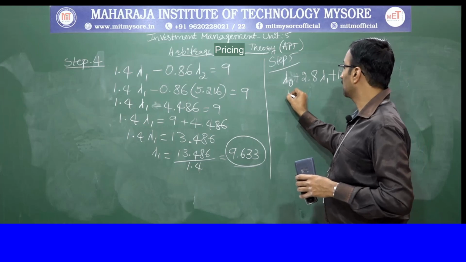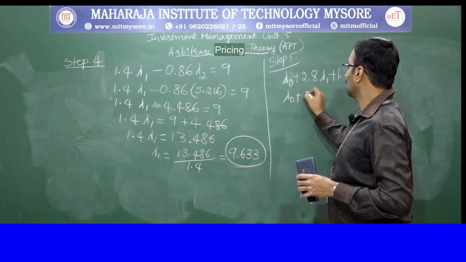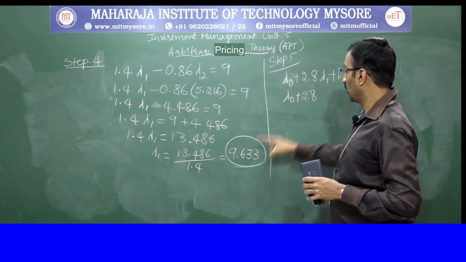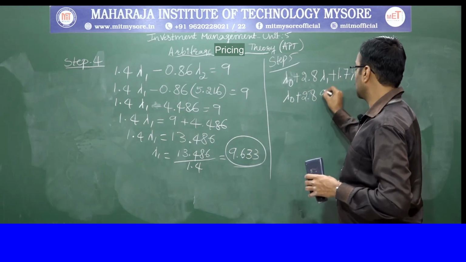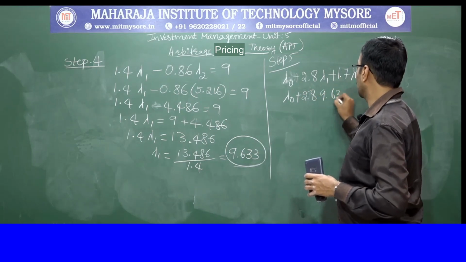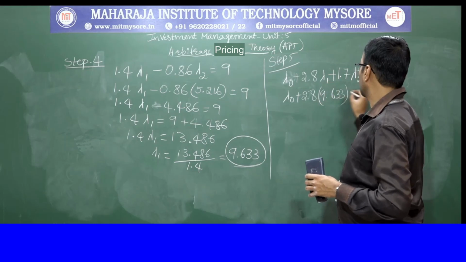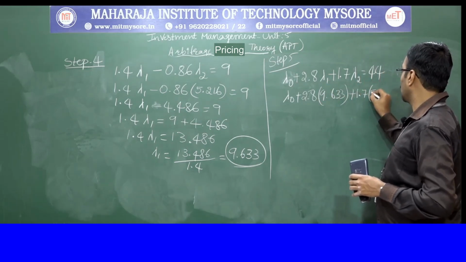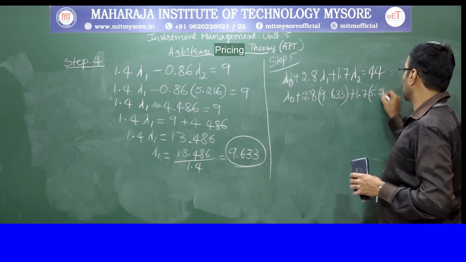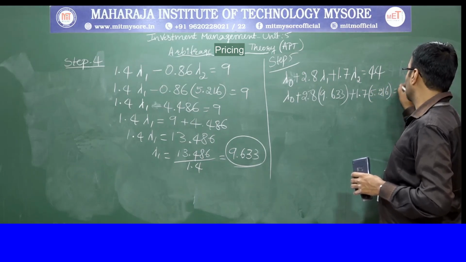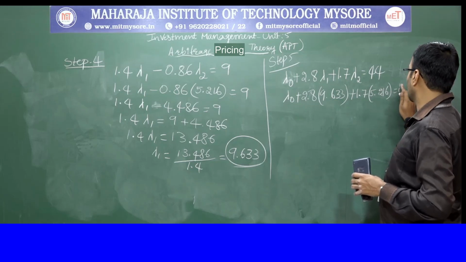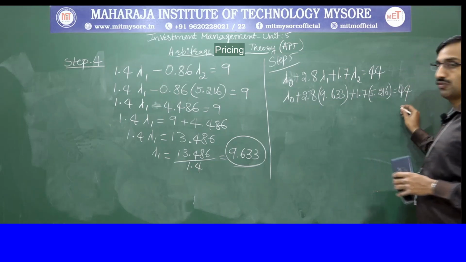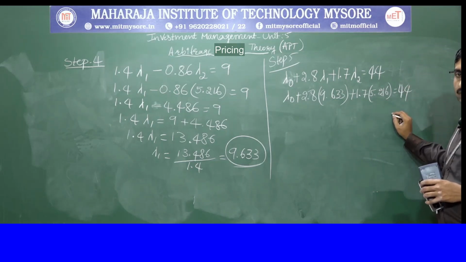So, lambda naught we do not know, 2.8 lambda 1 just we have found, that is 9.633, plus 1.7 lambda 2 also we have found, that is 5.216, is equal to 44. Okay.